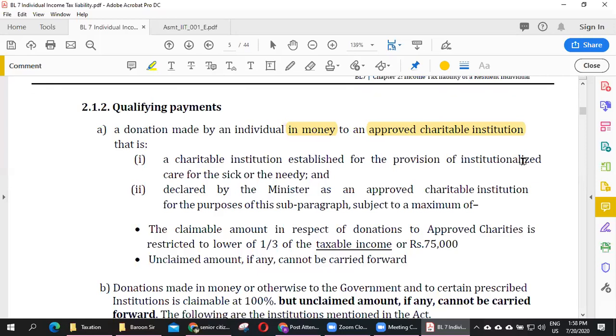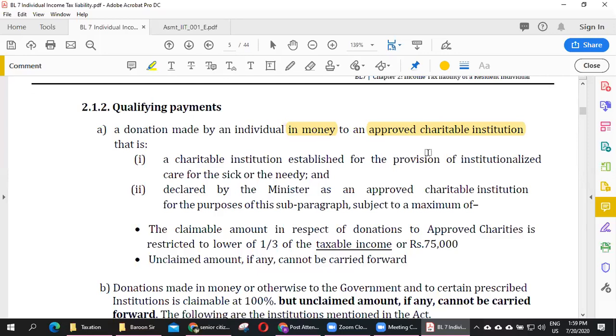There are a lot, but here we have to consider only approved charity. For example, in our village, we can find temples, vihara, right? You provide a donation, say 10,000. Is that a qualifying payment or not?